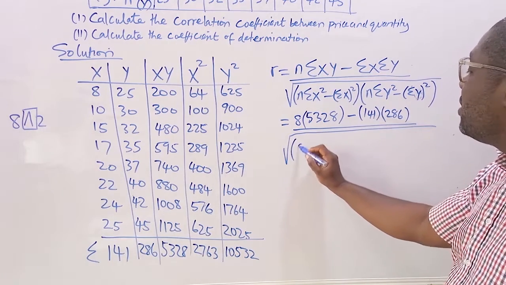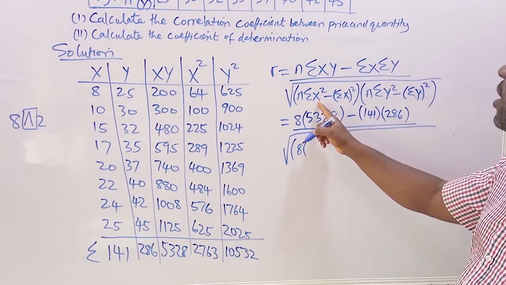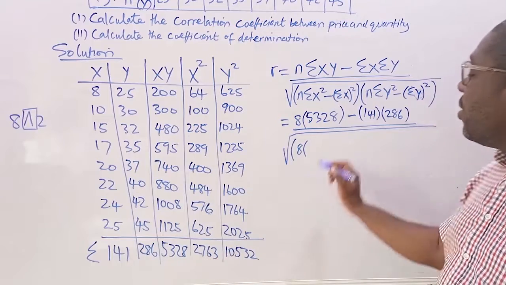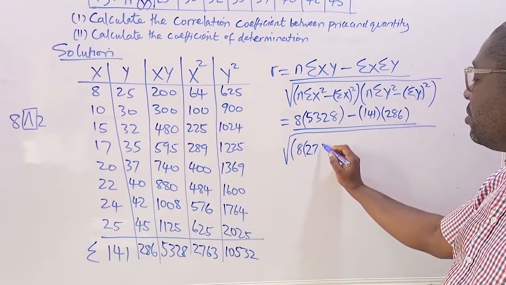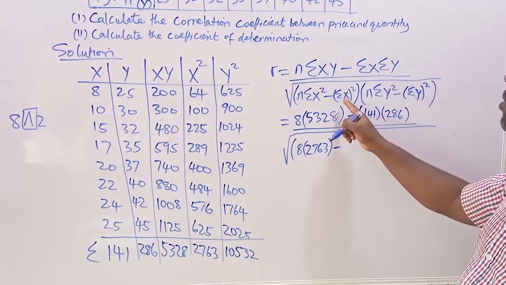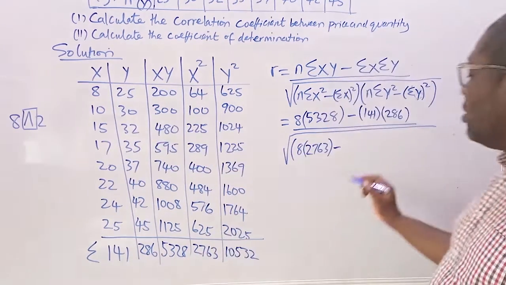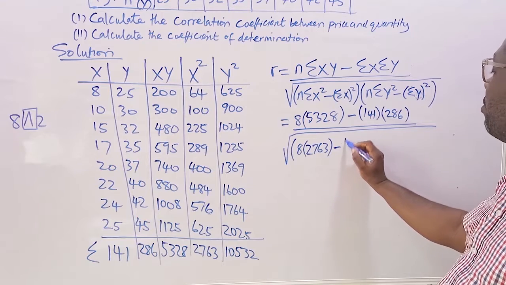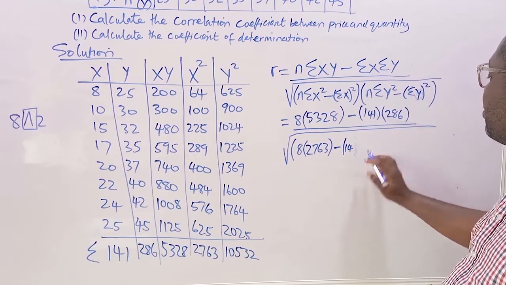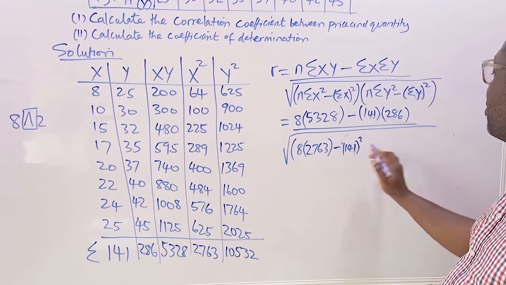So we have 8 again into summation x squared, that is 2763, minus summation x all squared. So we have minus 141 squared.